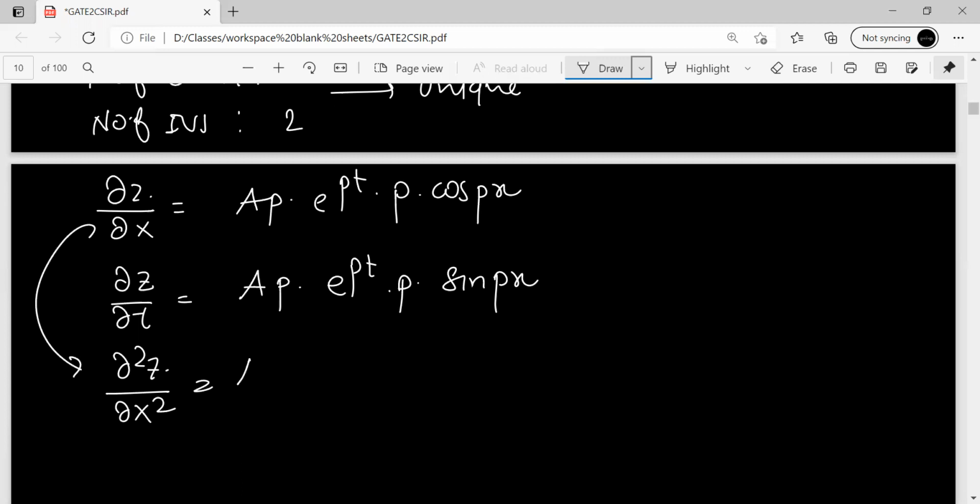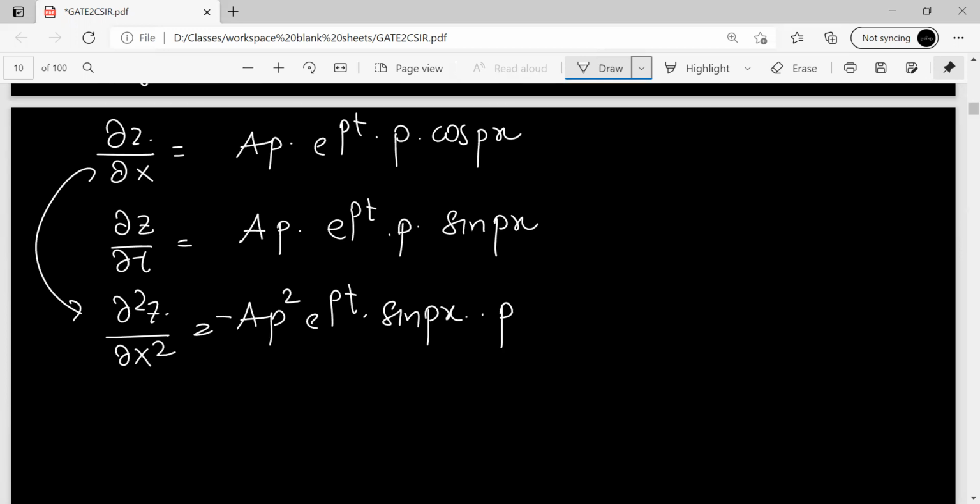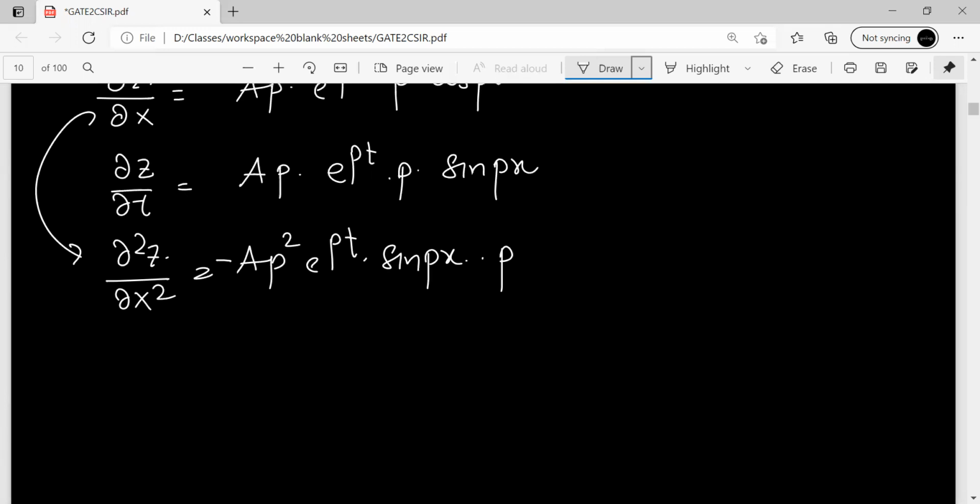In this equation, I'll differentiate one more time. So I'll be getting A, B, e power pt. It will remain same. It will be p square. Then cos px will be minus sine px into p. I got this at least, and then I'll differentiate with respect to t again, just to see if I get something.